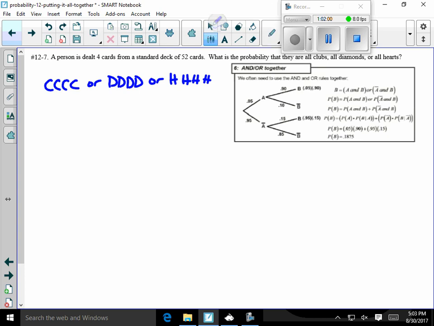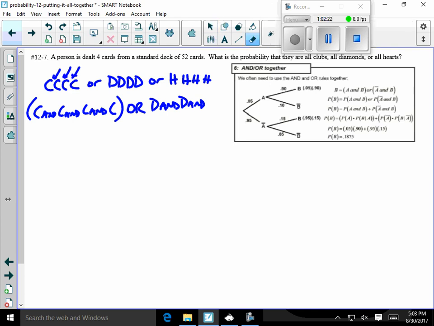I should write club and club and club and club, or diamond and diamond and diamond and diamond, right? So there's an implication that there's an and in between each of these. It just gets too long to write it this way. So if I write C, C, C, C, then what I mean to say is club and club and club and club.